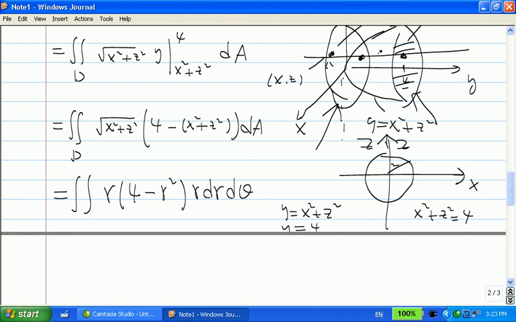For this region, your theta is obviously from 0 to 2 pi. And then your r, this circle formula in polar coordinates is r equals 2. So for a fixed theta, your r is bigger than 0, less than 2 always.